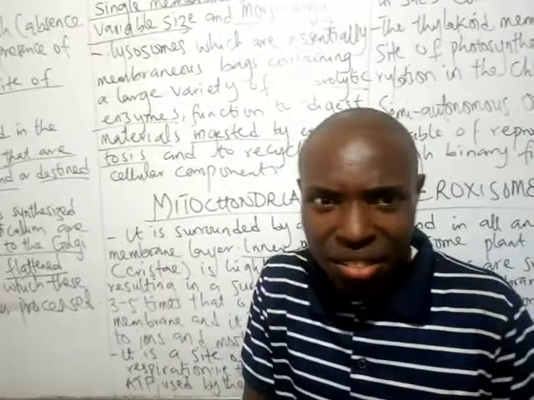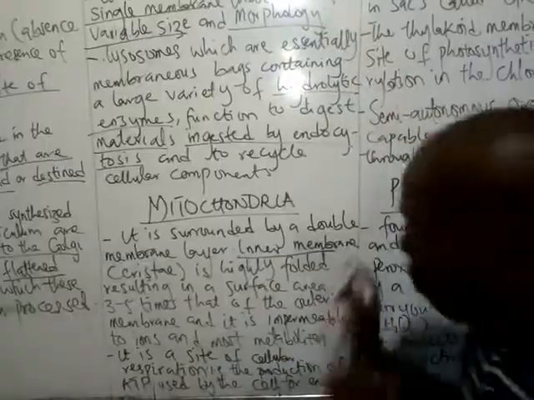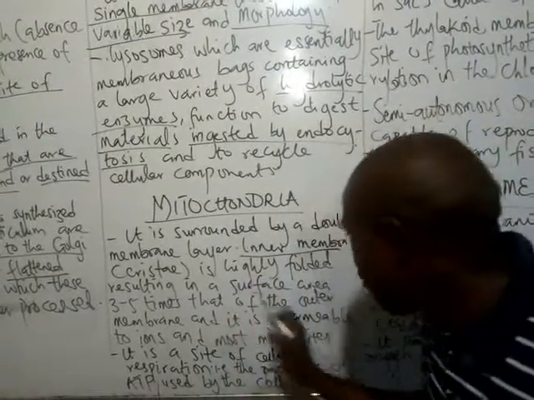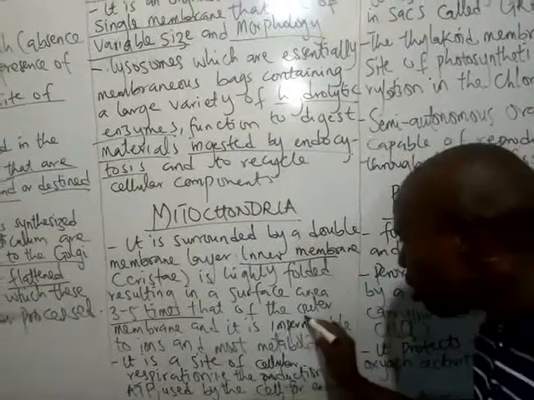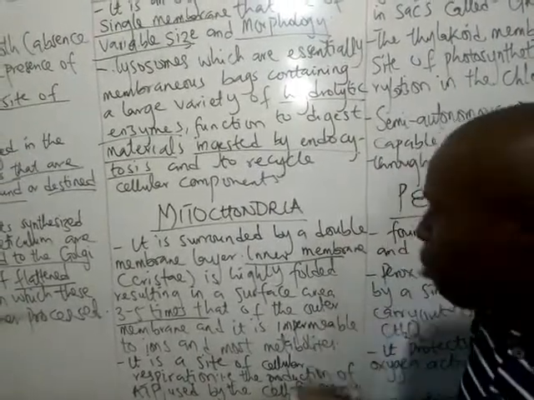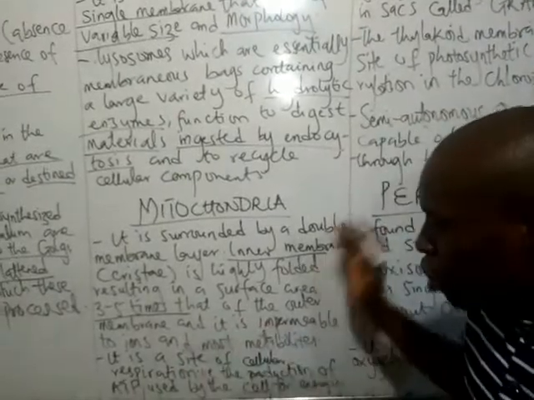The cristae is highly folded, resulting in a surface area of 3 to 5 times that of the smooth outer membrane, and it is impermeable to ions and most metabolites.